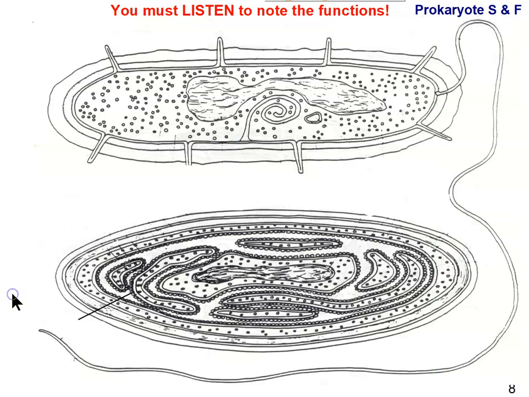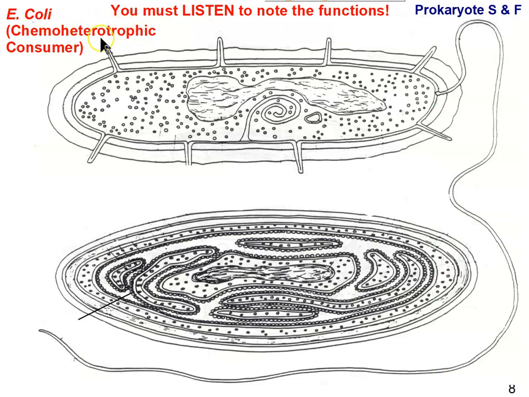Okay, so we start here with an E. coli. This drawing represents an E. coli bacteria, which, if you'll recall, is an endosymbiont that lives inside your digestive system and helps you digest your food. It's a chemoheterotrophic consumer. Chemoheterotrophic, a heterotroph eats others.